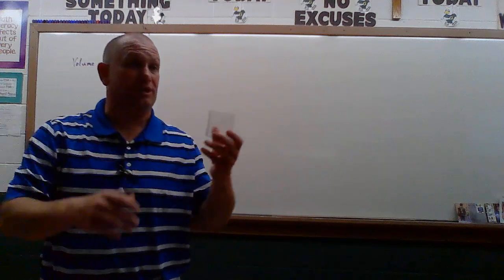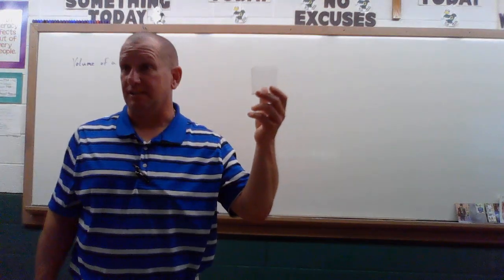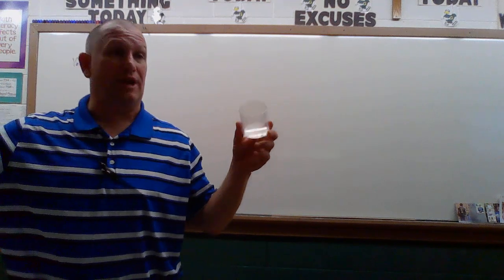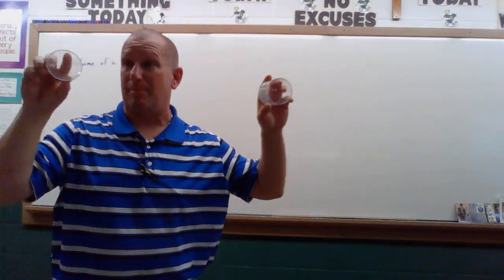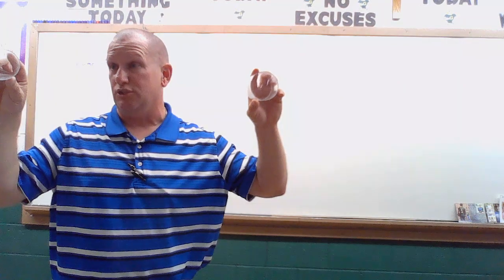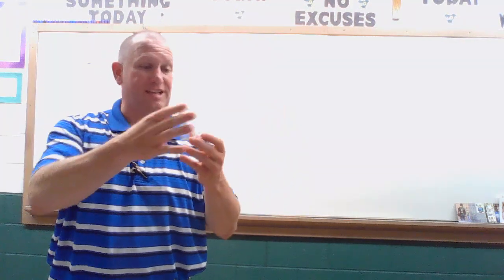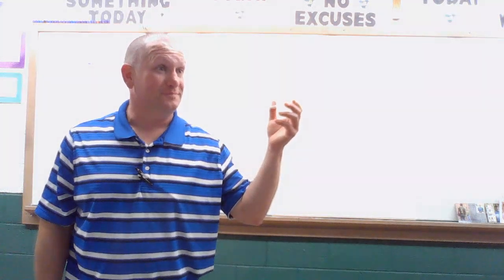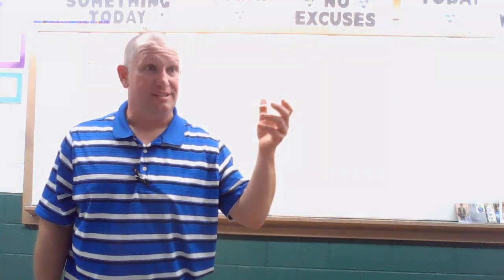Now we switch over to a cylinder and a cone. And again, the only way that this possibly works is if my bases are exactly the same. So, does a cone do the same thing that a pyramid did to a prism? Yes. Is it the exact same difference?